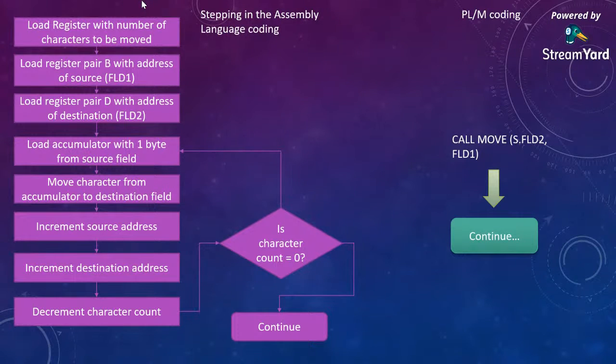If it is not yet 0, then the decrement goes on. If it is already 0, then the decrement stops. And after the goal is fulfilled, it goes to the other program. See the word continue here, meaning it is the next section of the program.